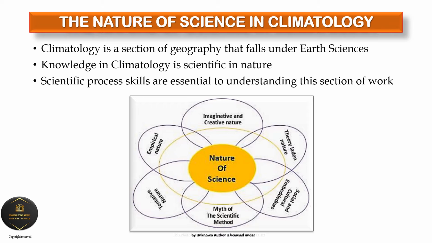But as much as it's a broad field, within science itself we have social sciences and natural sciences, right? And within natural sciences we have different sections. We have physics, we have biology, and we have what we call earth sciences. Those are the 3 subfields that fall under natural sciences.